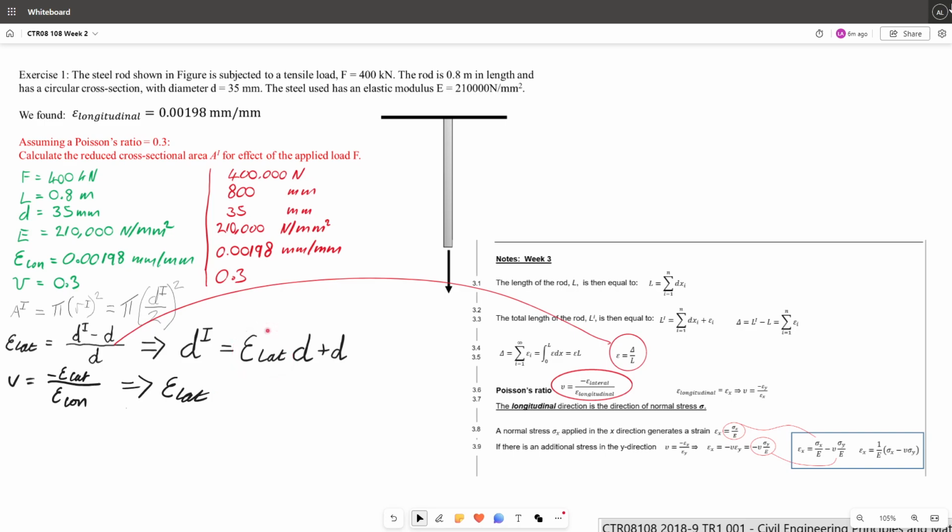I'm missing that. So rearrange this. That's going to equal minus sign, ratio.